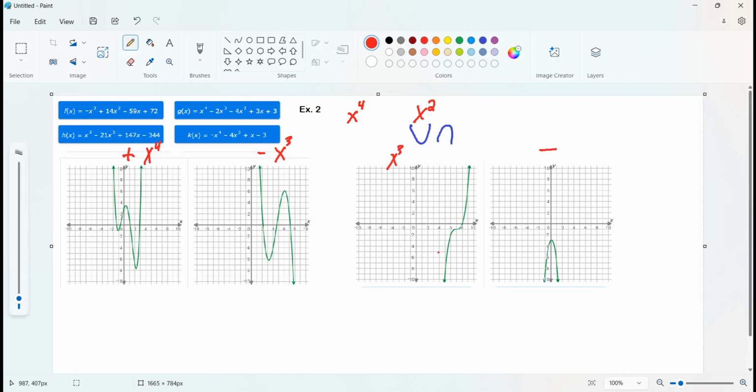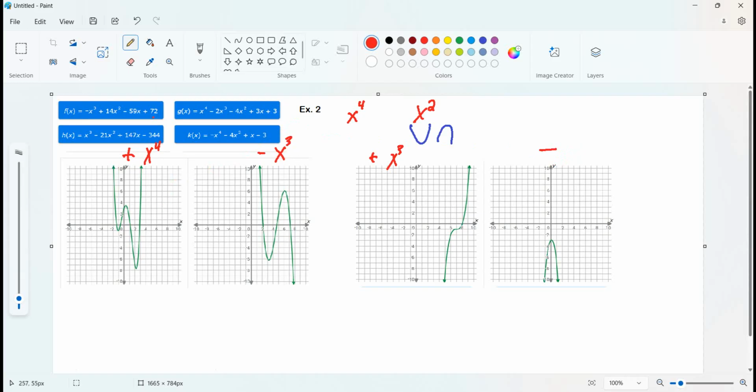It's a cubic. Start at the farthest left side of the graph and follow it. It's going up, so it's positive. And this one, the farthest left side of the graph, it's opening down, so it's a negative. And that could be x to the second or x to the fourth. We're not exactly sure.